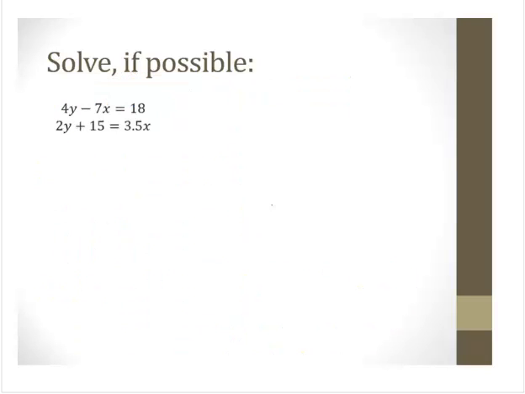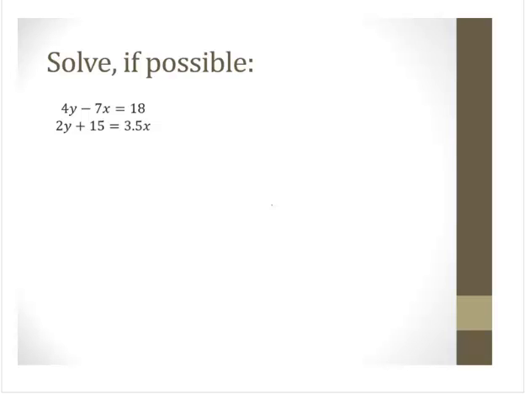Solve if possible. 4y minus 7x equals 18, and 2y plus 15 equals 3.5x. It doesn't give us a specific method. I don't see an easy variable to isolate, so I'm going to use elimination, but before I use elimination, I'm going to put this in a better form.